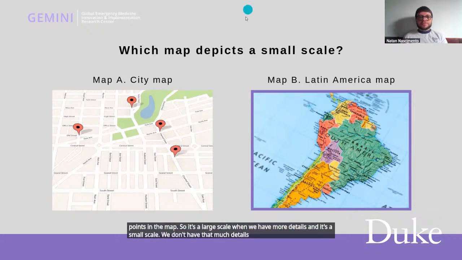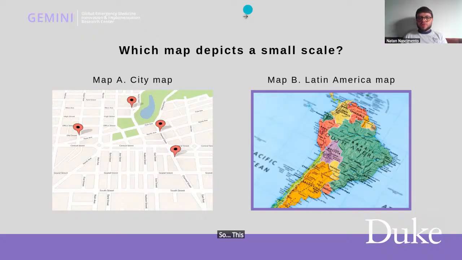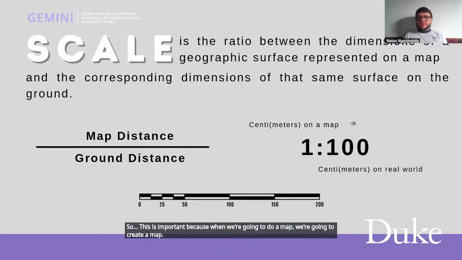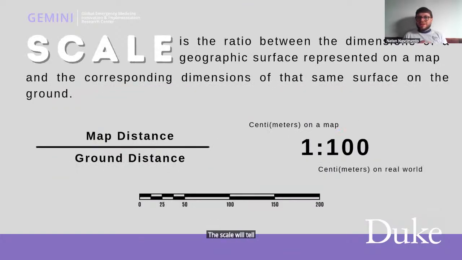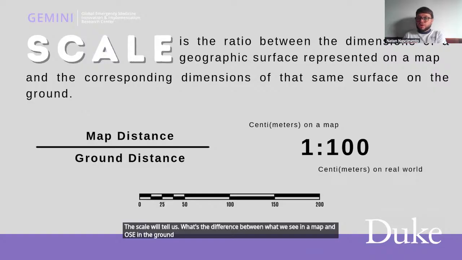So this is important because when we're going to create a map, the scale will tell us the difference between what we see in a map and what we see as ground distance in real life, in a real scenario.